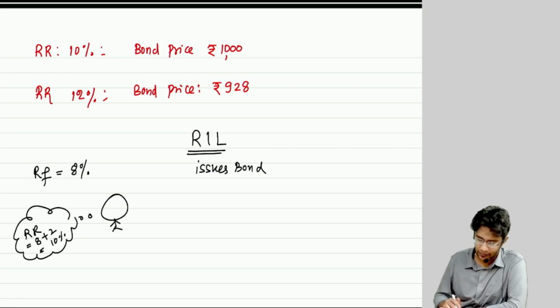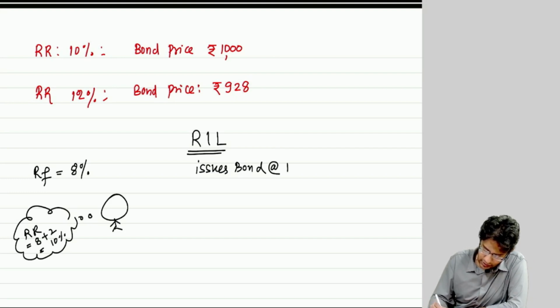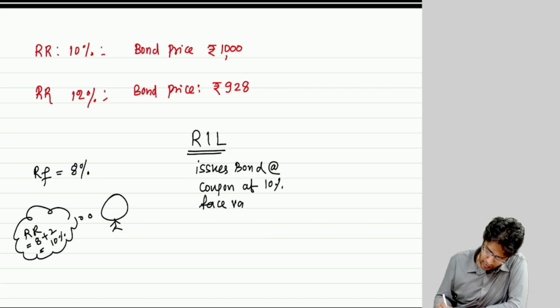The bond is issued at par value, at a coupon of 10%. Face value is equal to 1000.